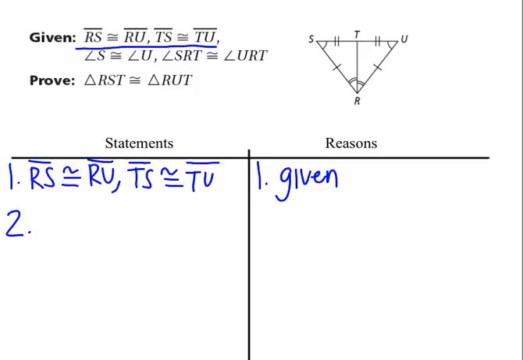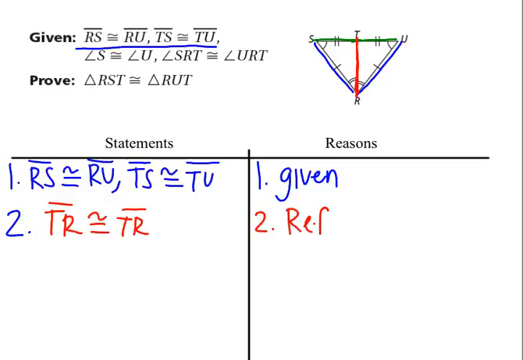So we already talked about RS and RU, ST and TU. So the last side of our triangle, guys, do you see this? It's TR, and TR is in both triangles. So we can say TR is congruent to TR by the reflexive property. So why don't we go over here and put sides, check, all three of them are done.